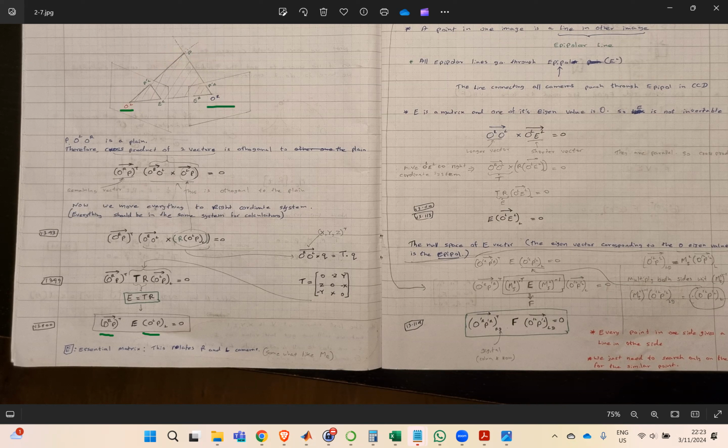Right? So you can see there are some similarities now. You observe one point in the world from two cameras, and when you multiply these two with the E matrix, we get 0.